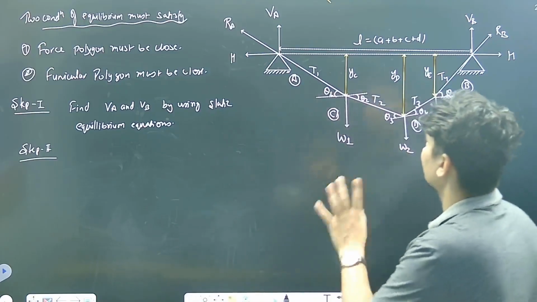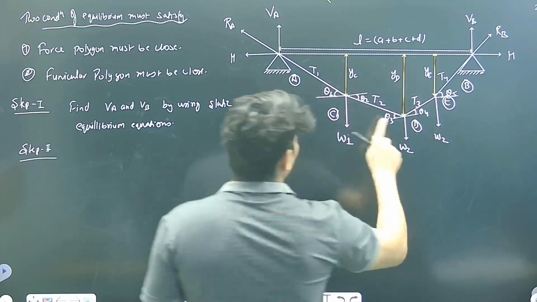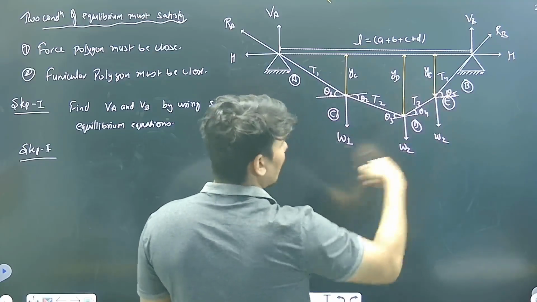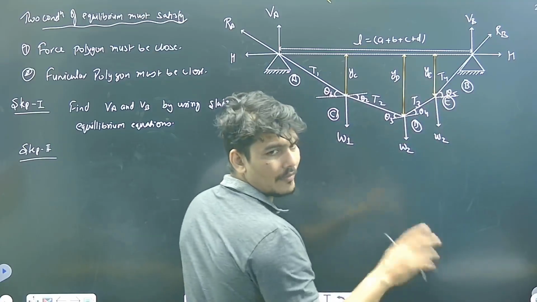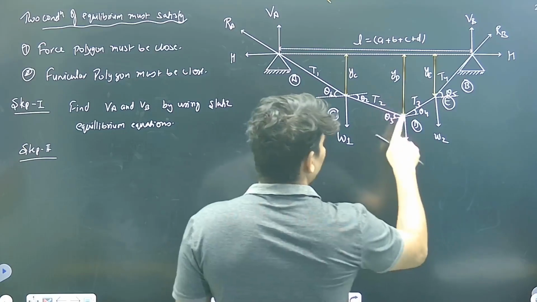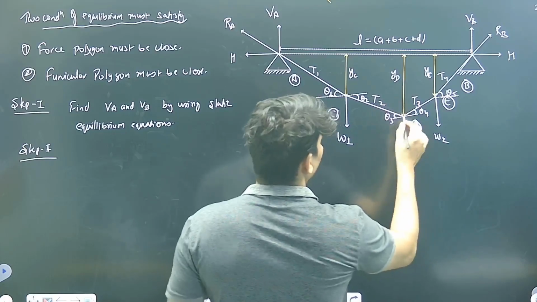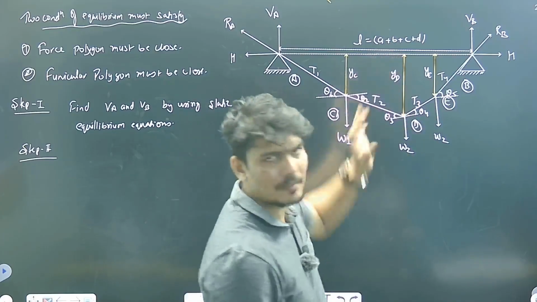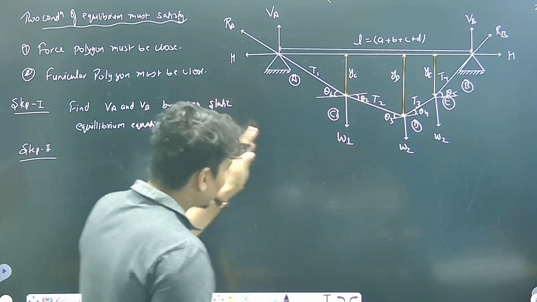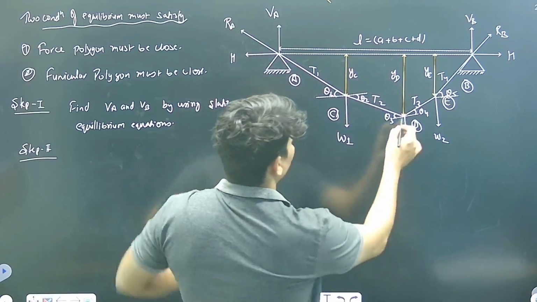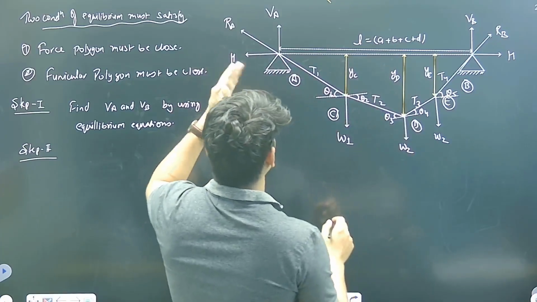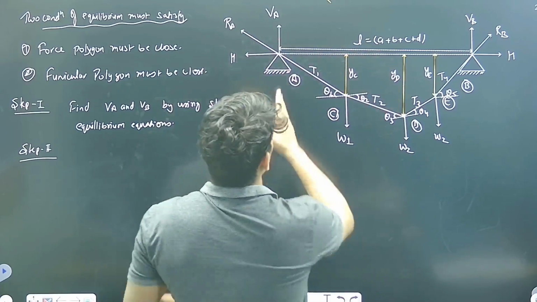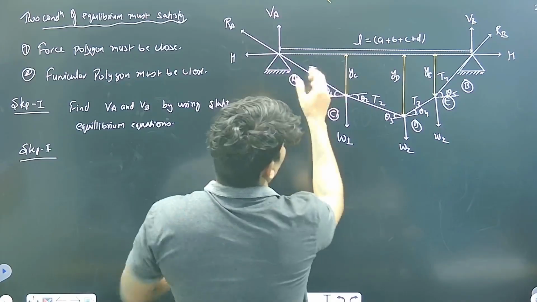But this time we don't know where the hinge is. There is no hinge. It's a cable, and the bending moment everywhere is 0. So at point D, because we know this yd in the question, the maximum dip is always given. If the maximum dip is given, you can take the moment about this point: horizontal thrust into this dip will be equal to VA into whatever the distance may be.